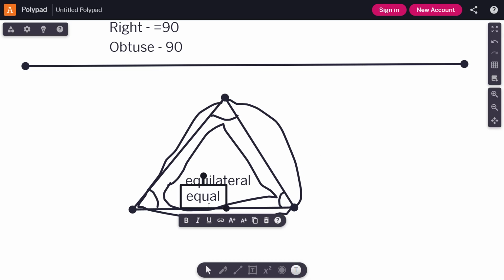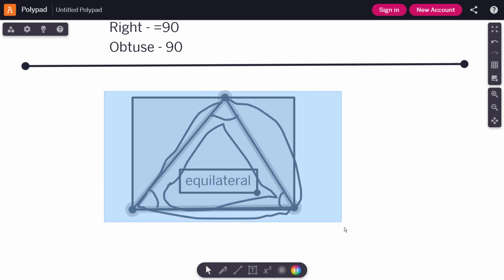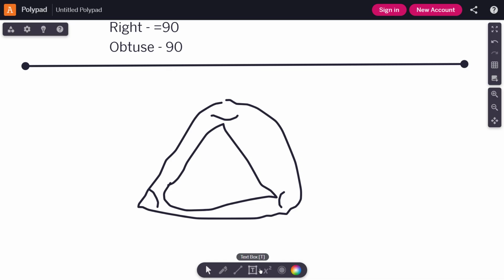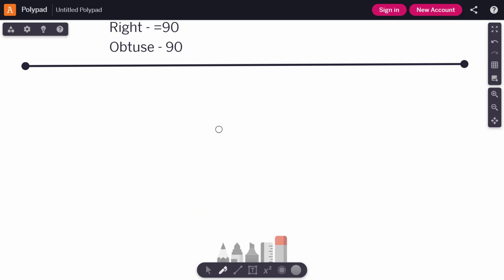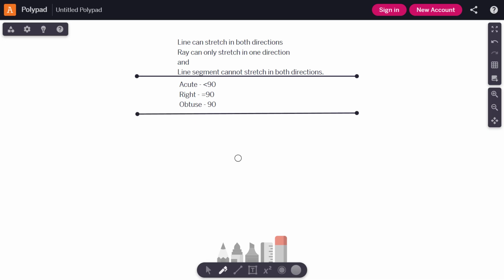Equilateral. So it's basically like 3 sides are always equal, and 3 angles are always equal too. Equilateral triangles are special. They're unique.